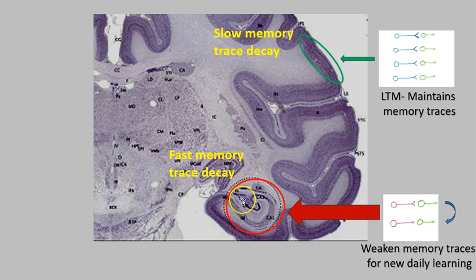So that means the memory traces in the hippocampus have fast decay because sleep will weaken them. By contrast, the cortical neurons, there's going to be slow memory trace decay here, and that makes sense for a long-term memory system. We can represent that up here. When we make strong cortical synapses, they do not decay very much over time. And that will allow our brain to maintain strong memory traces in the long-term memory system.